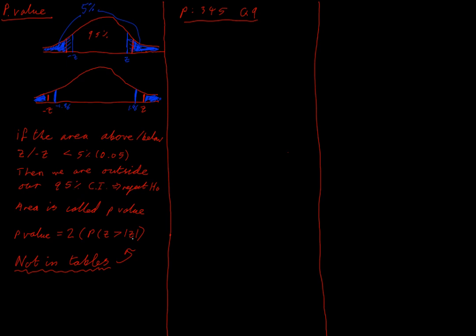So we're going to get a particular z-score, and then we're going to look for the probability of z being greater than that number, and we're going to double it, because this part here gives us the probability of z being greater than z here, and we want the same area down beyond minus z.